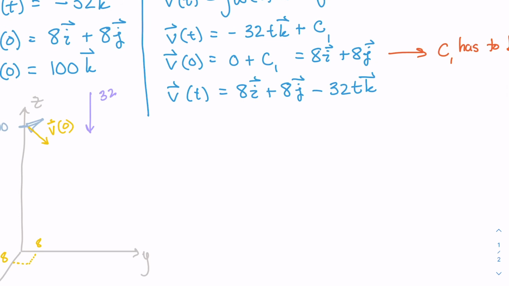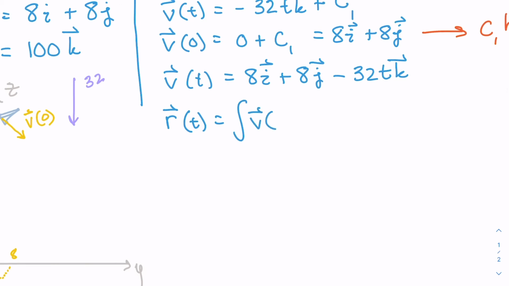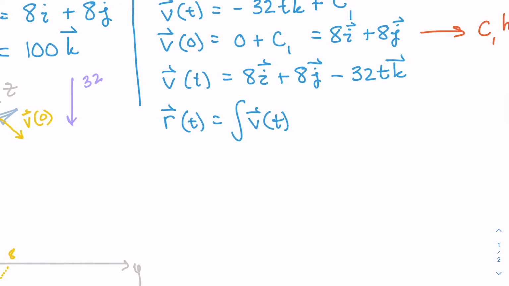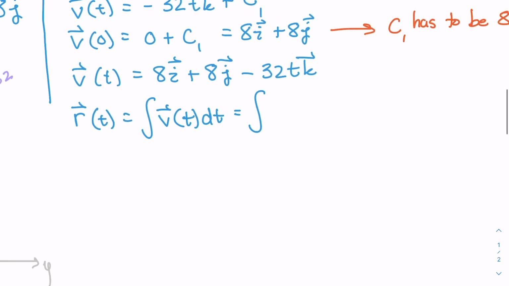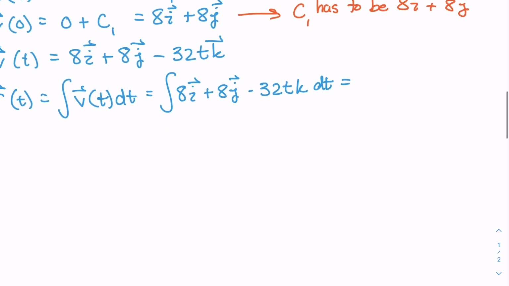So now we'll integrate. We'll know r of t, the position function, is equal to the integral of velocity. So that's going to be the integral of 8i plus 8j minus 32tk dt. And so we'll just integrate component by component.